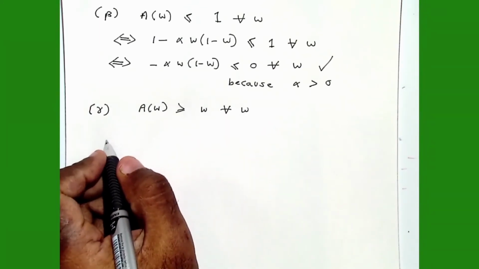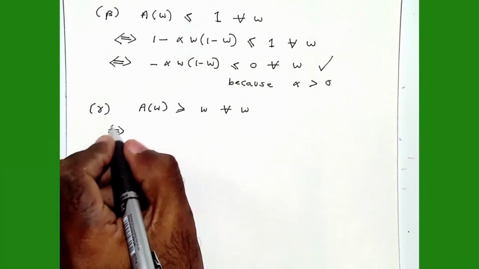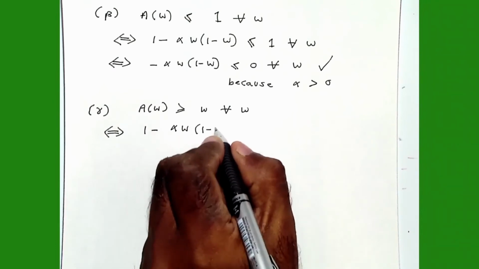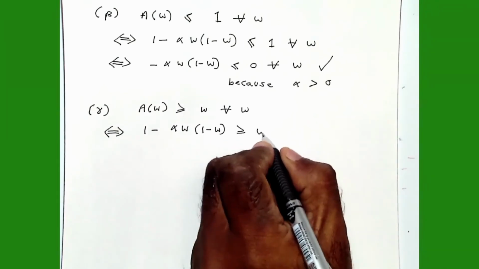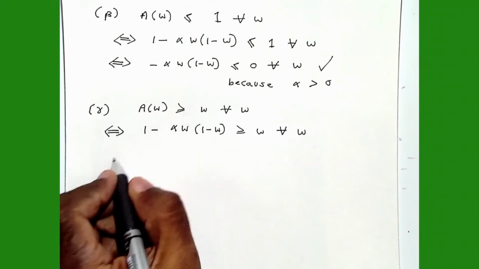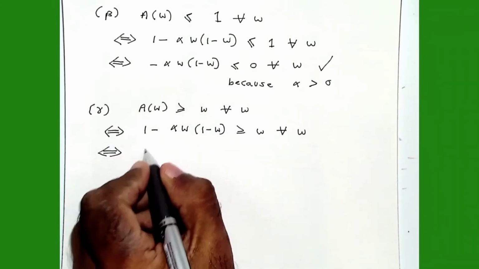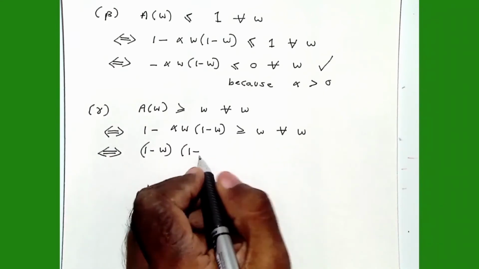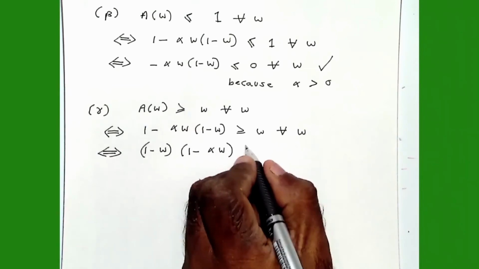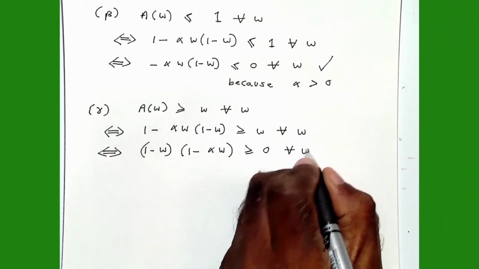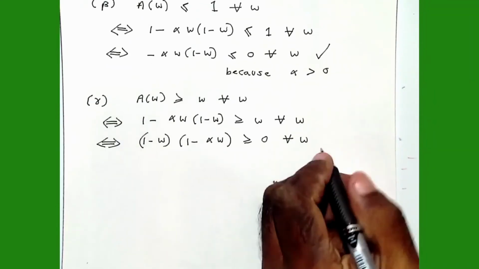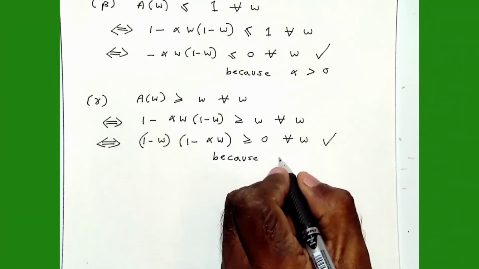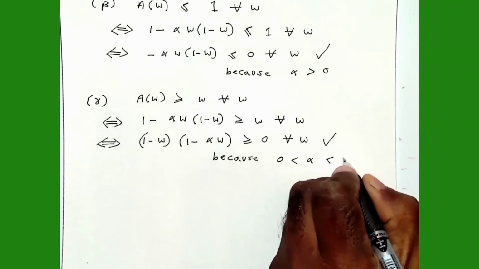Okay, so this is the same as saying, all right, and this is the same as saying that 1 minus w in brackets 1 minus alpha, now this is true once again because we have to assume that alpha is a number between 0 and 1.